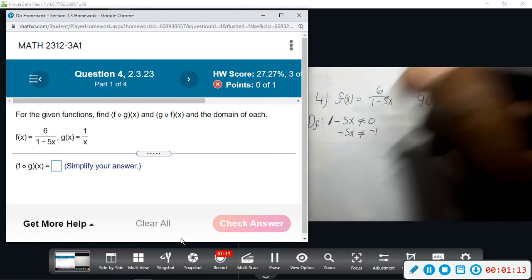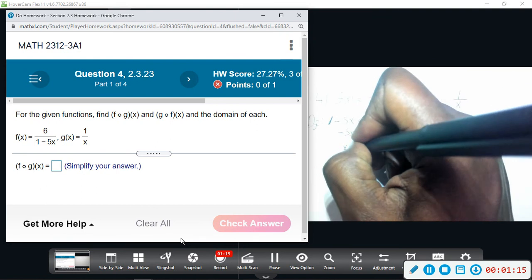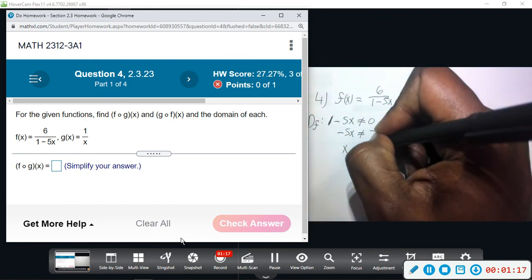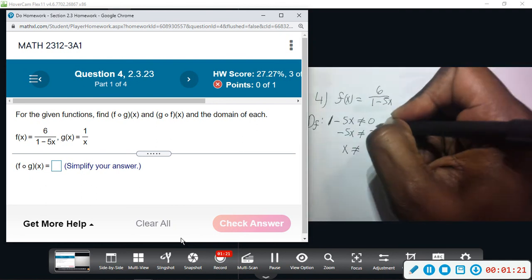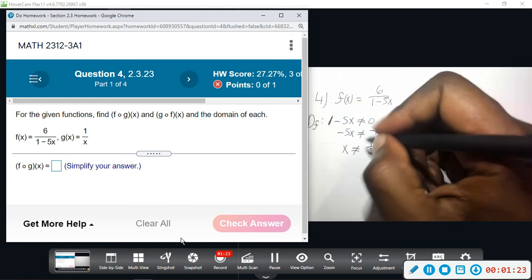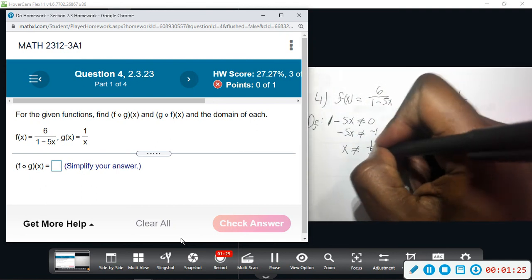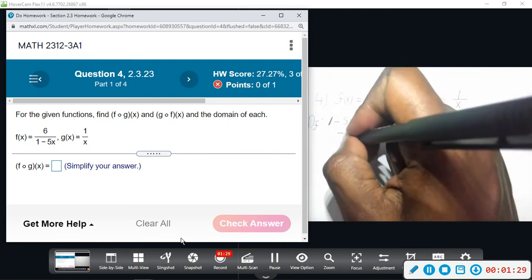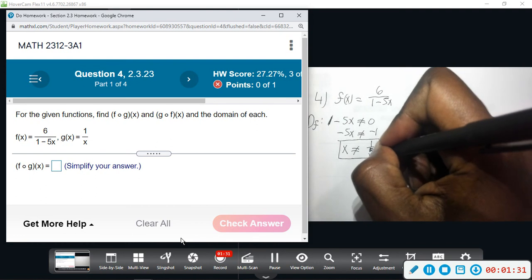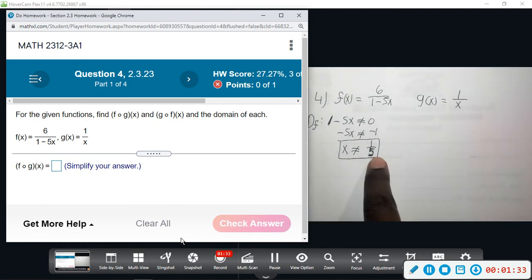Divide by negative 5, and we get that x cannot be equal to 1 over 5. When you divide, negative divided by negative is a positive, so that's why I have 1 over 5. So this is your domain. 1/5 cannot be used. If x is 1/5, the denominator will be 0.